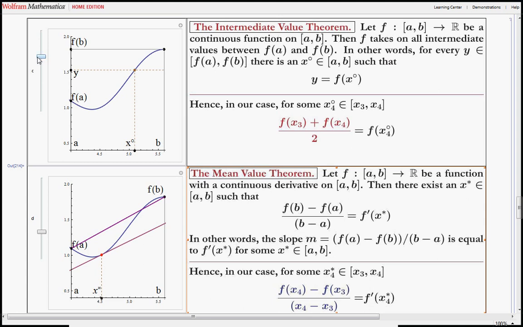We can visualize this theorem on the top picture, namely as we range with y between f of a and f of b, we can graphically always find the x circle inside the interval ab where our function f takes the value y.